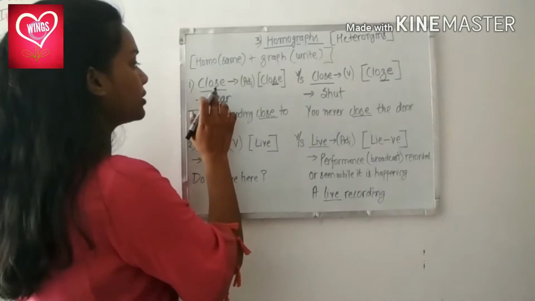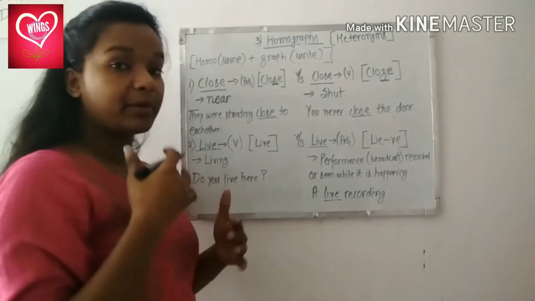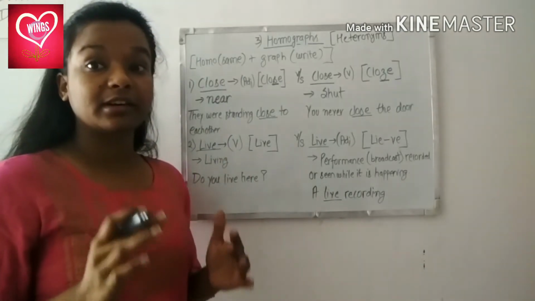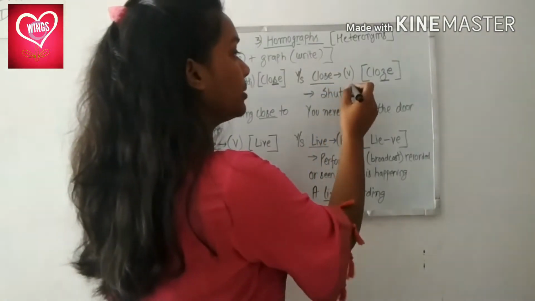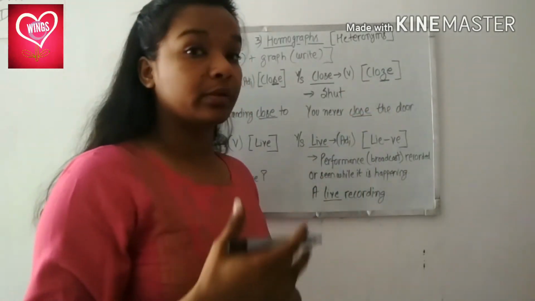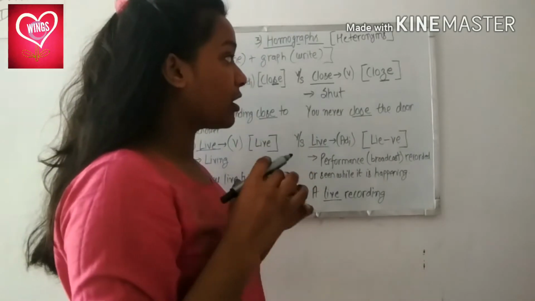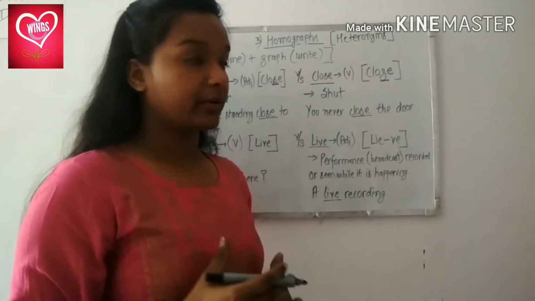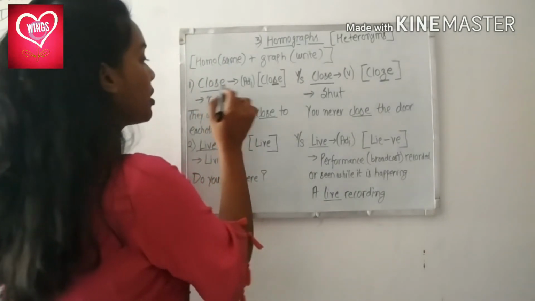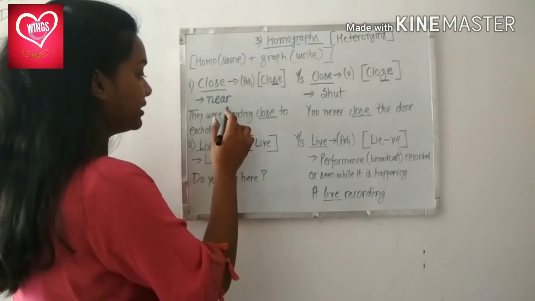The first close is an adjective, pronounced close, with an S sound. And the second one is a verb, which is pronounced close, with a Z sound. You have to make force or focus to say Z. The first close is an adjective and it means near.